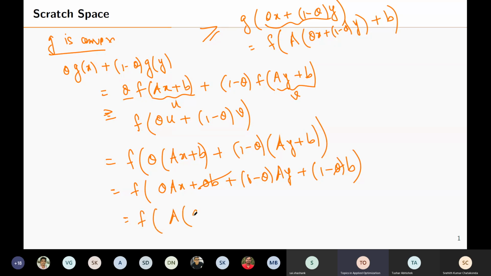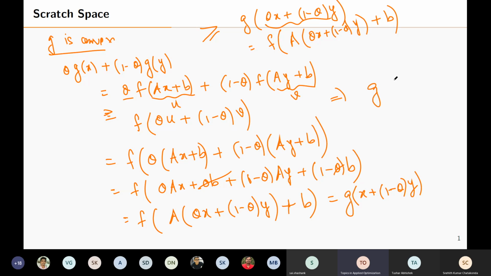A of theta x plus 1 minus theta y, and plus b was left, and this is nothing but g of theta x plus 1 minus theta y, right? So we have proved that g is convex. This implies g is convex.